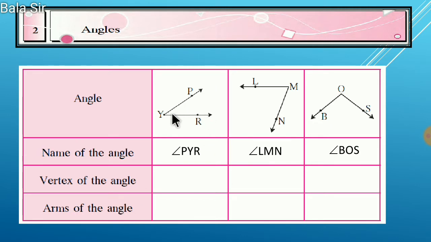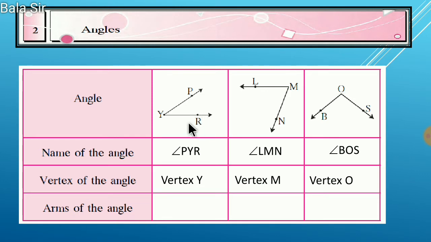But these two arms of the angle meet at a point. This point we call the vertex. So here in this diagram, Y is the vertex. In this figure, M is in the middle, so vertex M. In this figure, O is in the middle, vertex O.